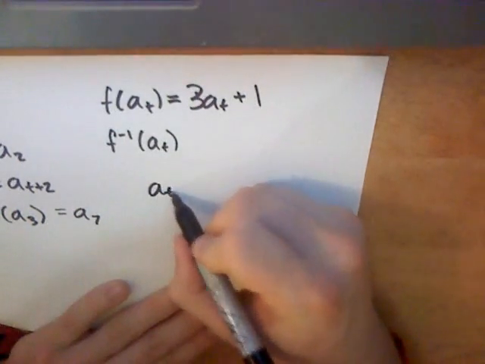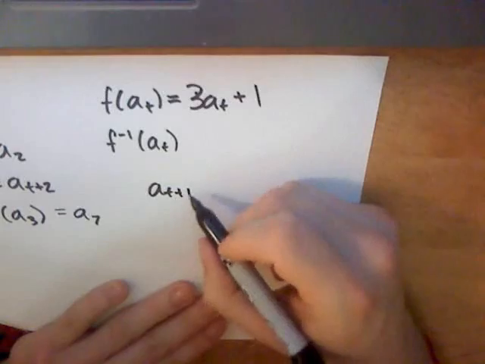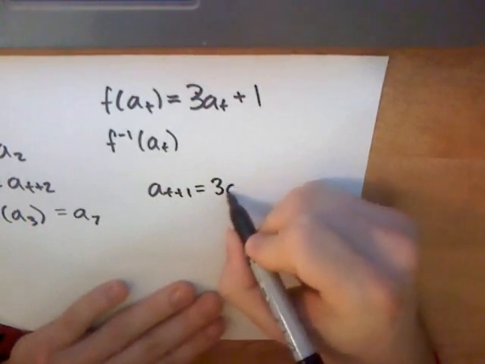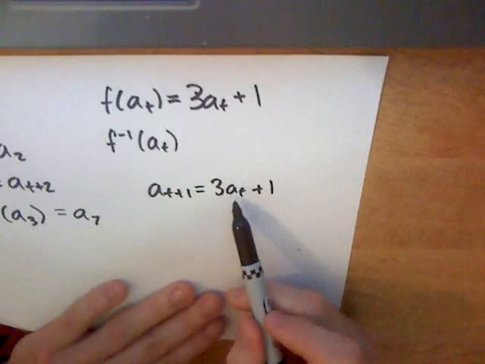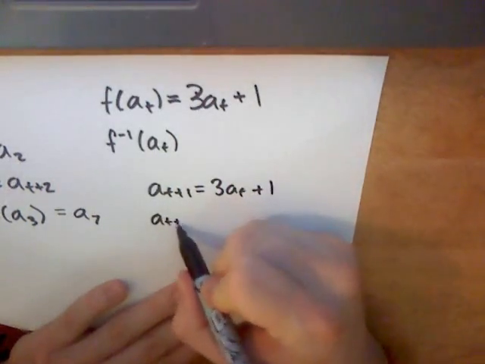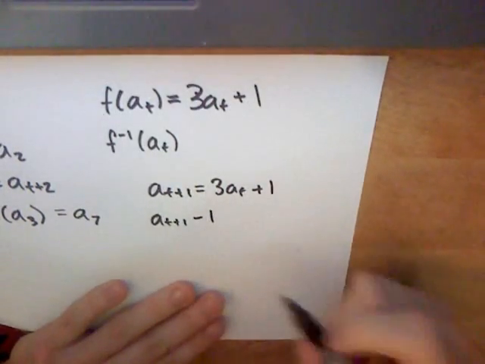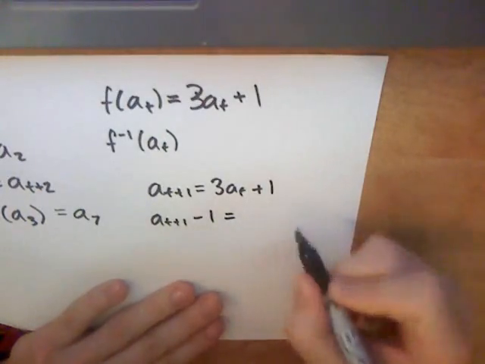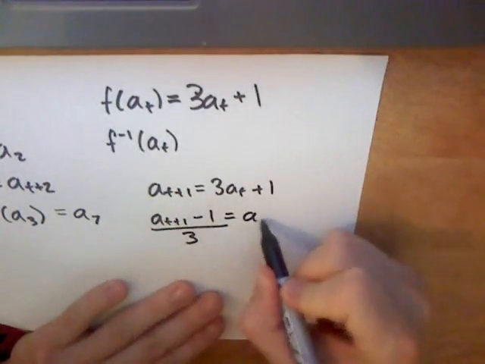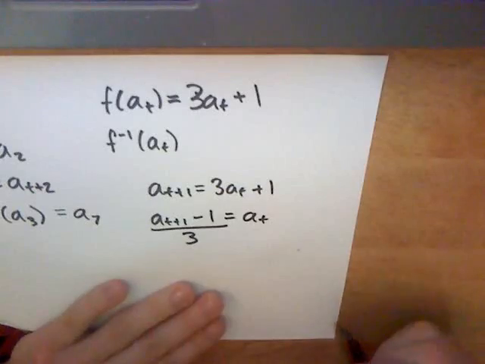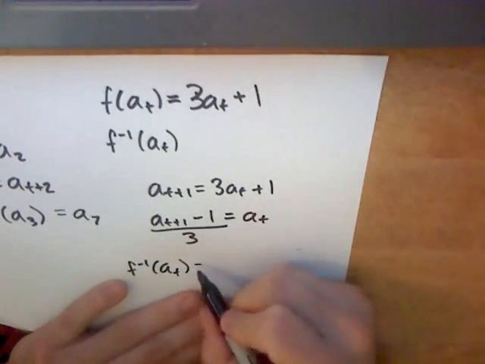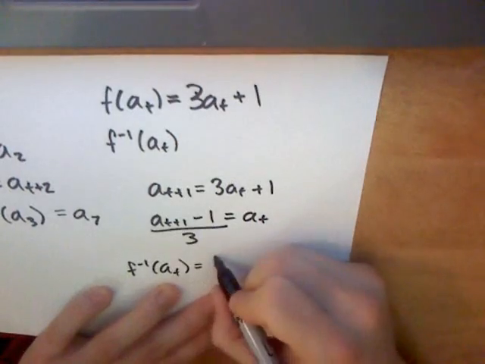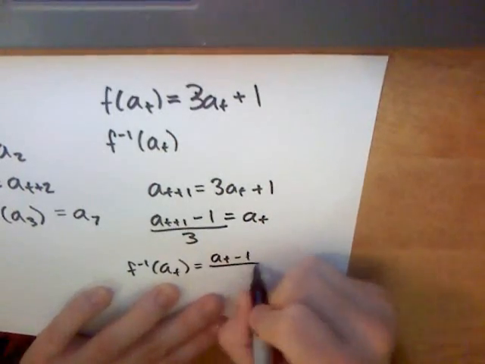Luckily, for the inverse updating function, we take the discrete time dynamical system and solve for a_t. First, subtract 1 from both sides, then divide by 3, and you're left with a_t. So the inverse updating function is thus (a_t - 1)/3.